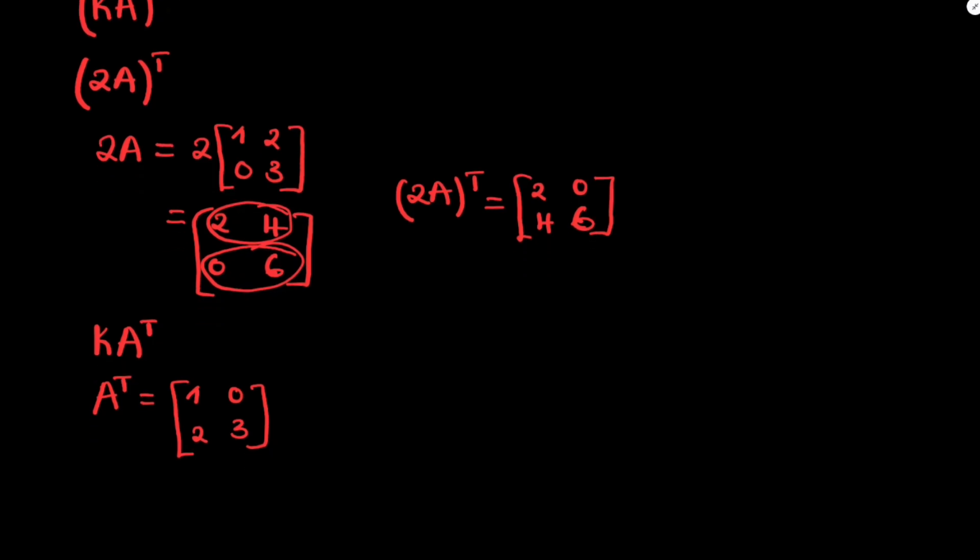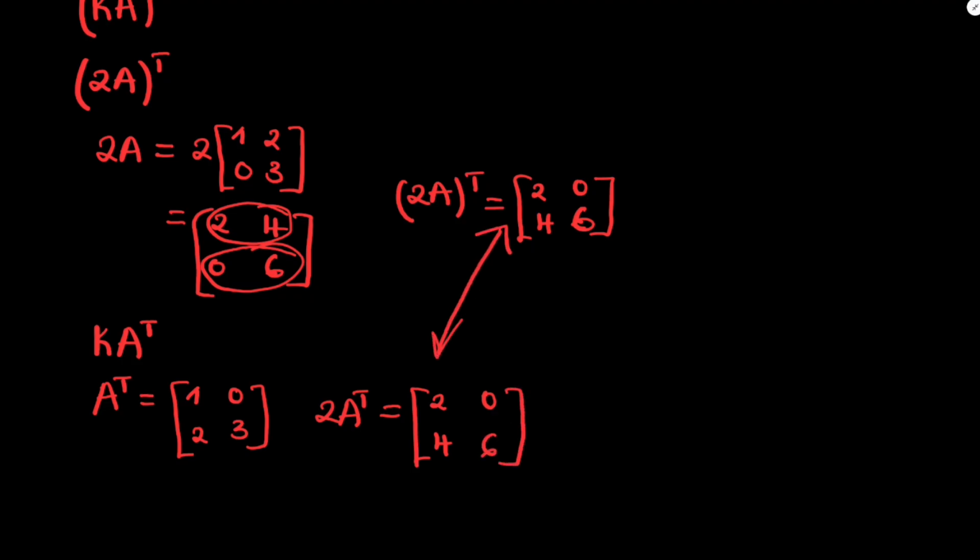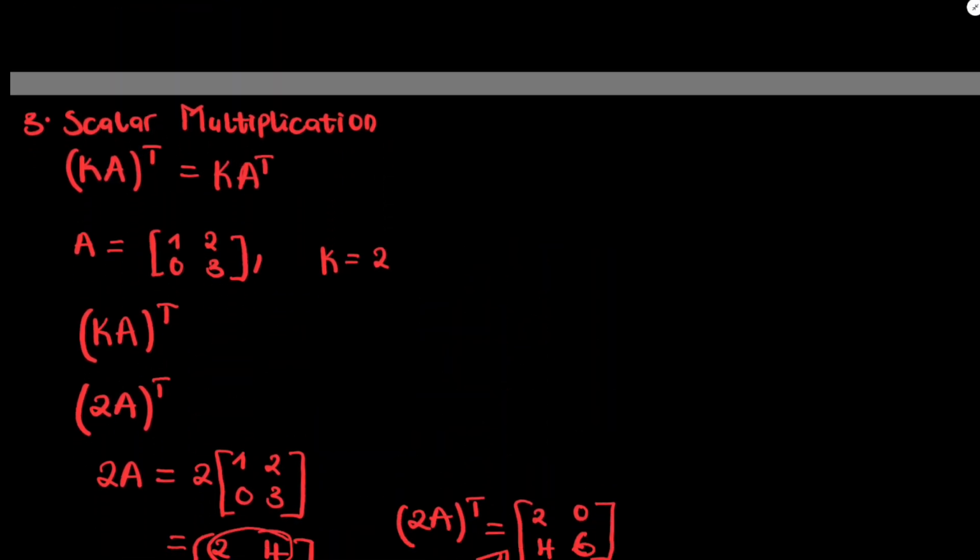Now let's take 2 times the A transpose. So this gives us 2 times every element in the matrix. So that is 2, 0, 4, 6. As you can clearly see, these two are equal. So that proves that property.